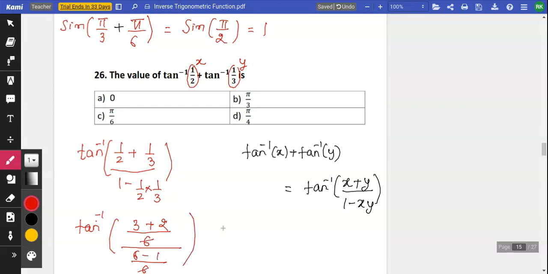Cancel 6 and 6, become tan inverse 3 plus 2 is 5, and 6 minus 1 is also 5. Tan inverse 1. Basically the value of tan inverse 1 is pi by 4. So correct answer is option B. Option D, pi by 4.